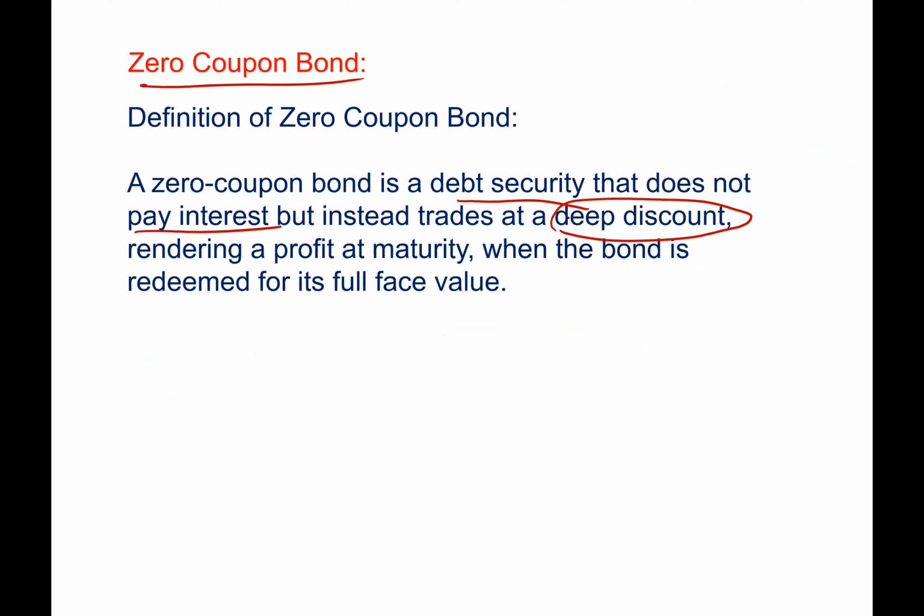You get a discount, meaning assuming a $10,000 face value, the zero coupon bond is worth $10,000. The borrower will pay the bondholder $10,000 at the end of the bond period, at maturity.